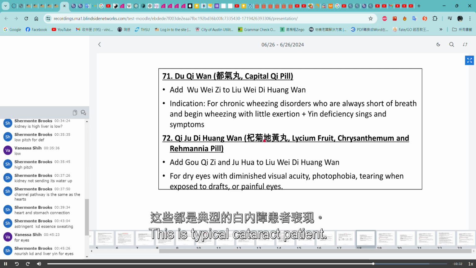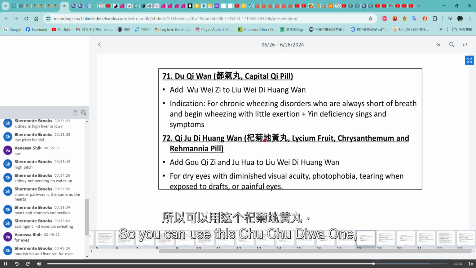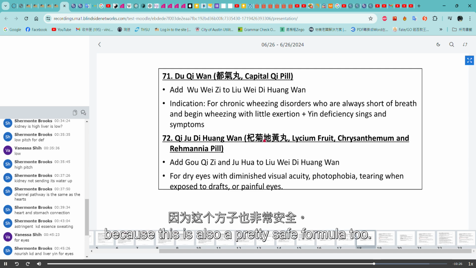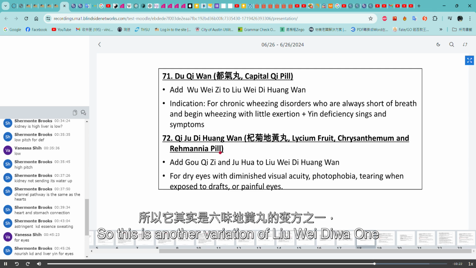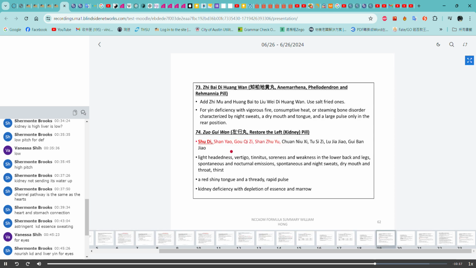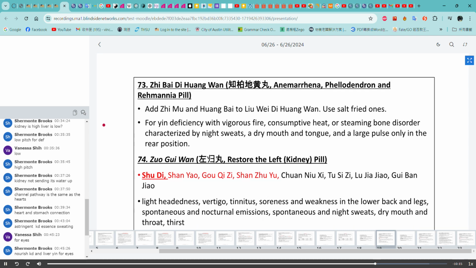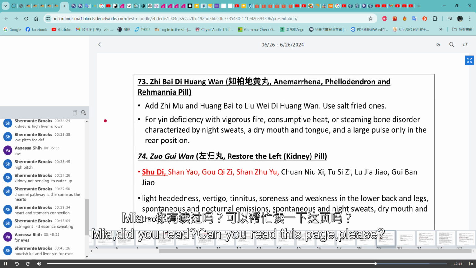This is a typical cataract patient, so you can use this Qi Ju Di Huang Wan because this is also a pretty safe formula. Right? So this is another variation of Liu Wei Di Huang Wan. And Zhi Bai Di Huang Wan and Zuo Gui Wan.